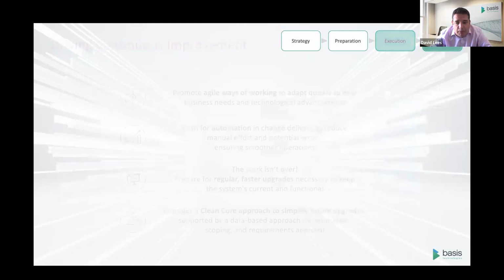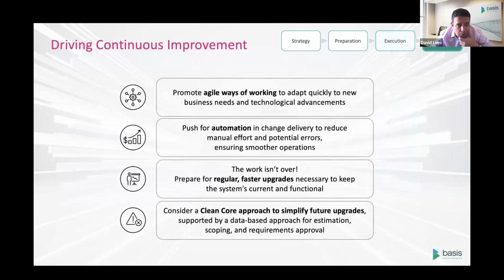And then lastly, from a post-transformation standpoint, think about the move to S4 as a catalyst. Are you optimal in the way today that you are working or deploying change? Do you still approach SAP projects as a waterfall from historical reasons? Are you confident in the ways in which you're changing your SAP systems?